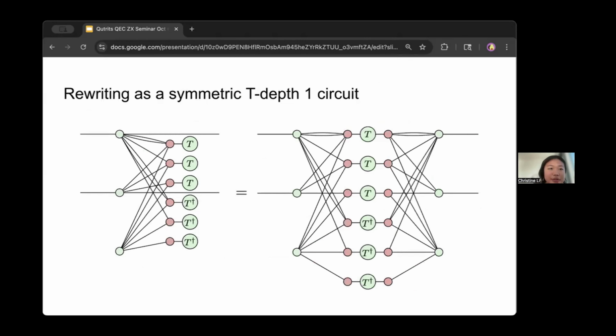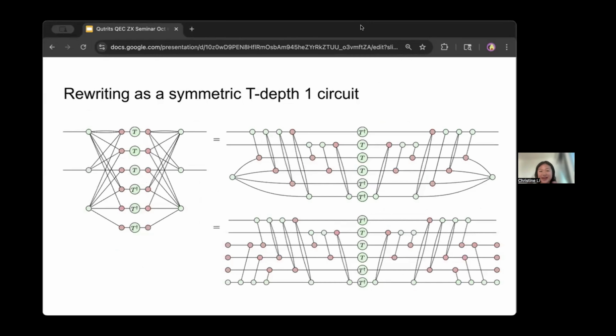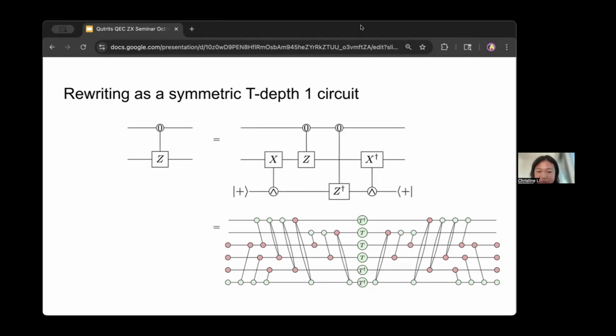We can notice this by matching connectivity of the phase gadgets or from some overpass or by rewriting. And then from here, we can expand this into a full symmetric T-depth one circuit. And this will end up with 6 physical qutrits.